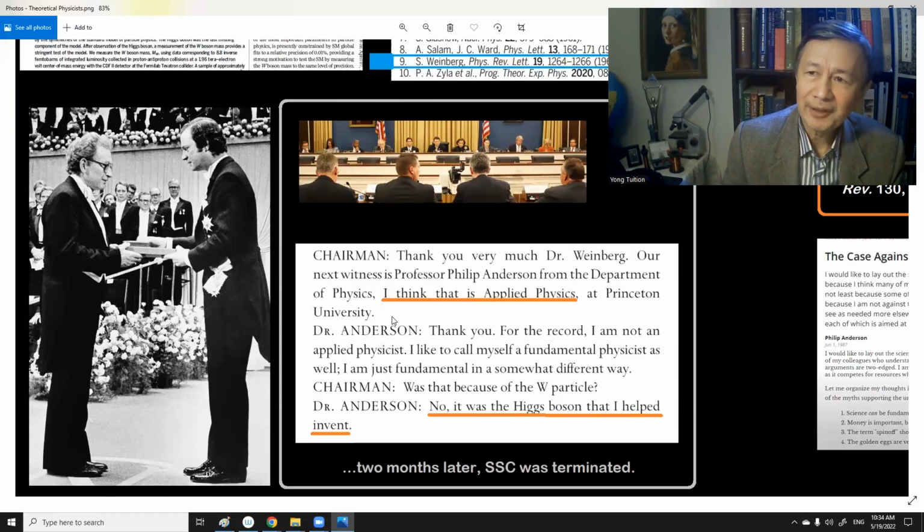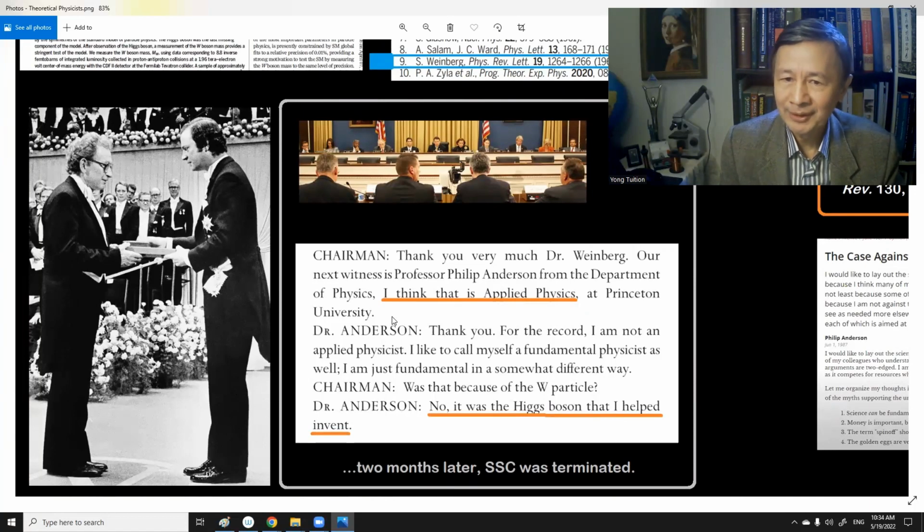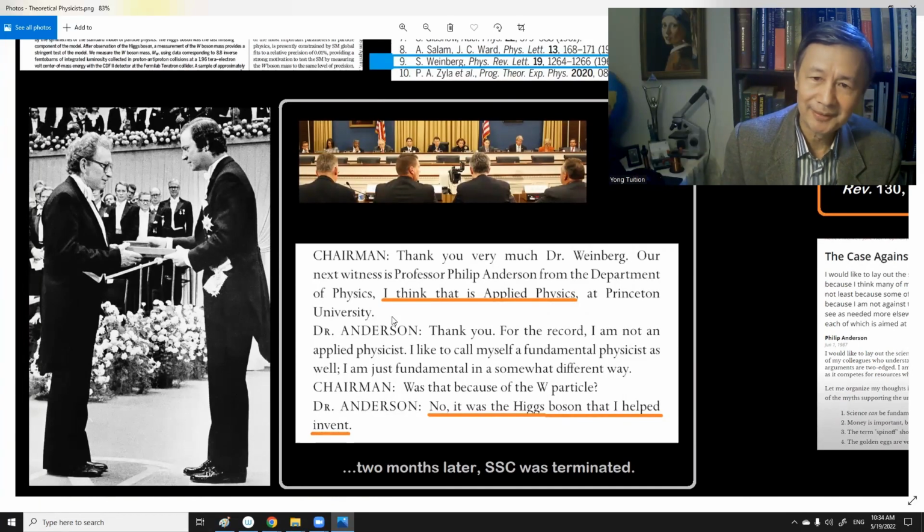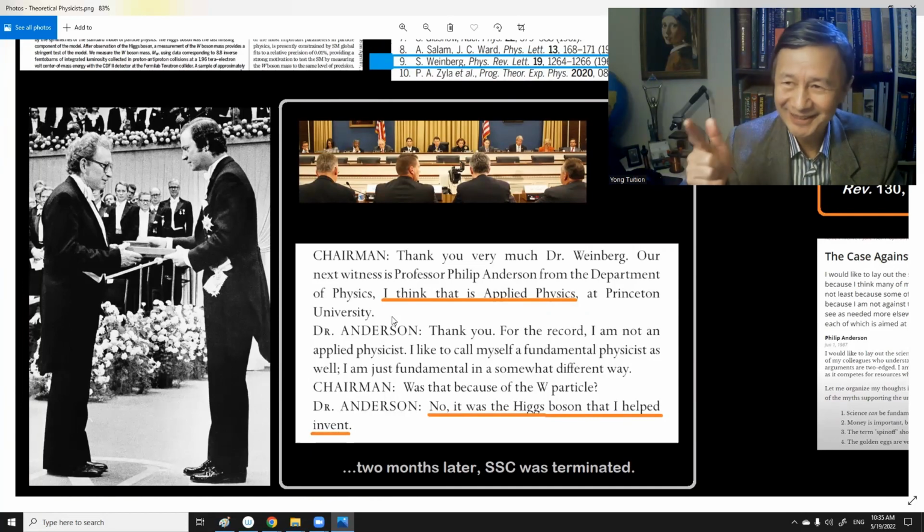This was after Weinberger delivered his speech. The chairman said, "Thank you very much, Dr. Weinberger. Our next witness is Professor Philip Anderson from the Department of Physics. I think that is applied physics at Princeton University." So that is his remark.